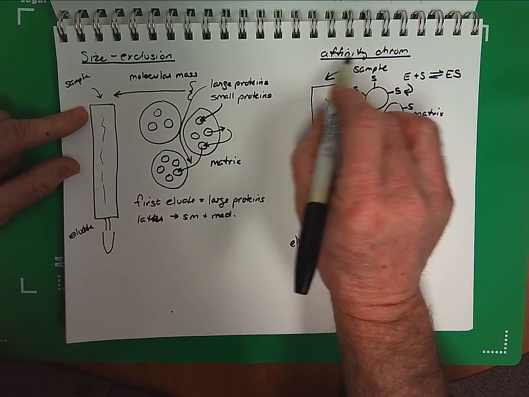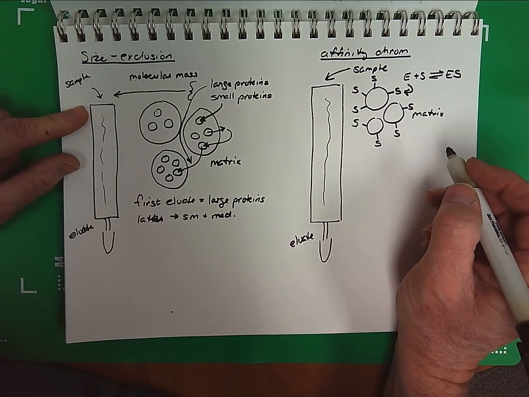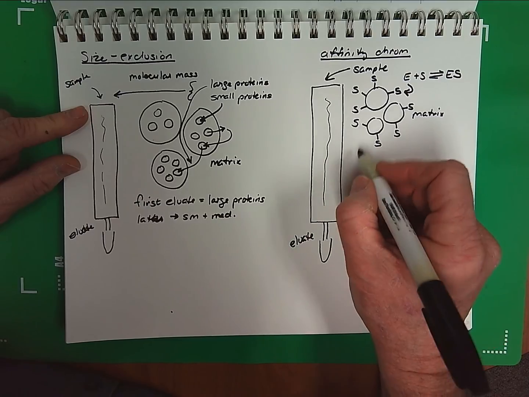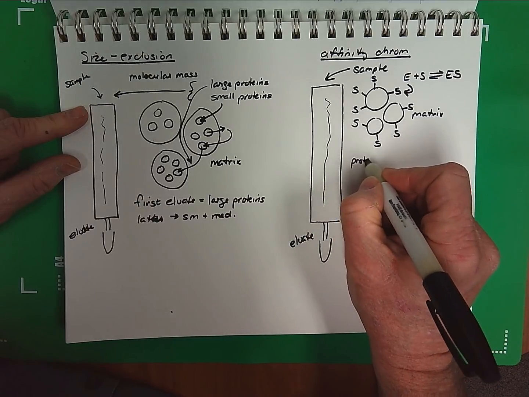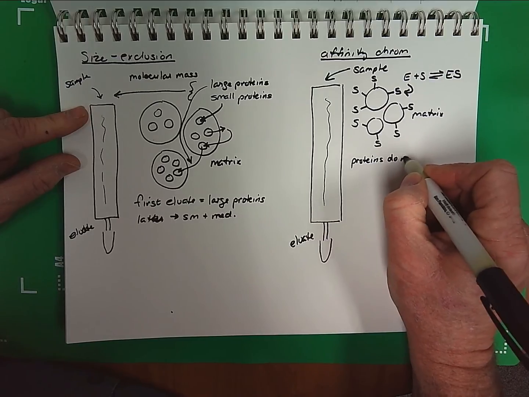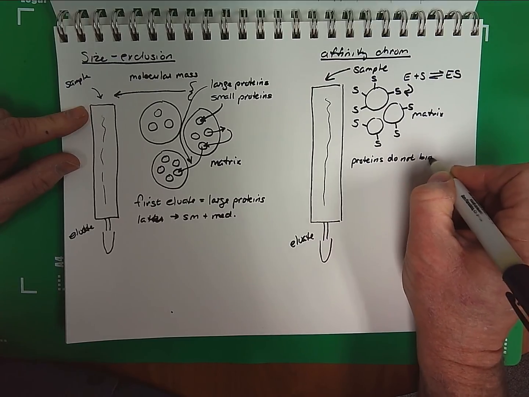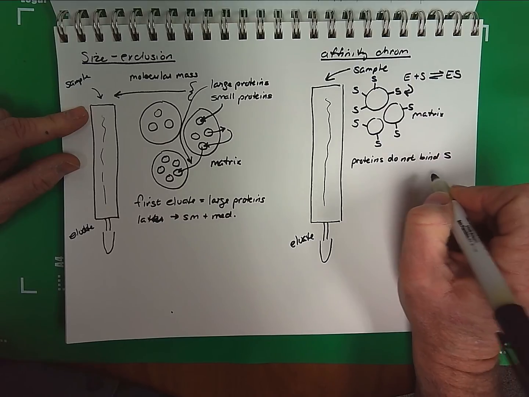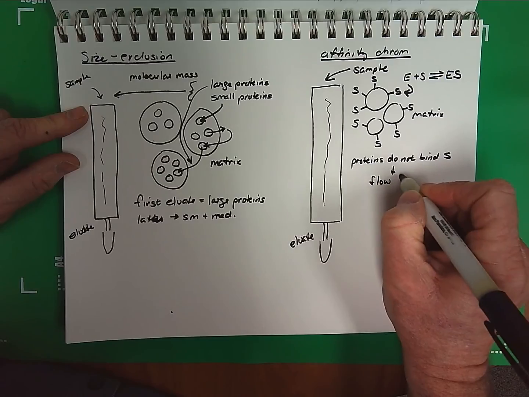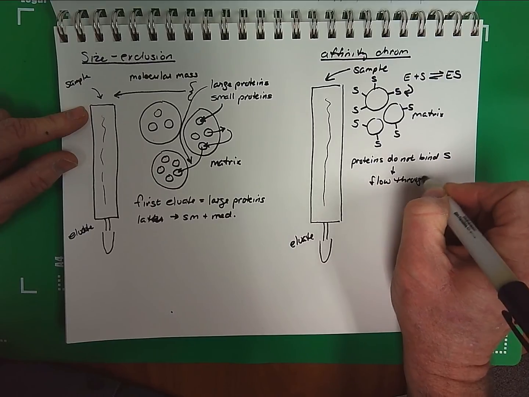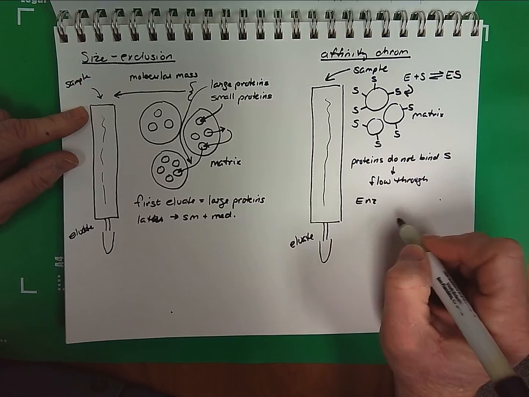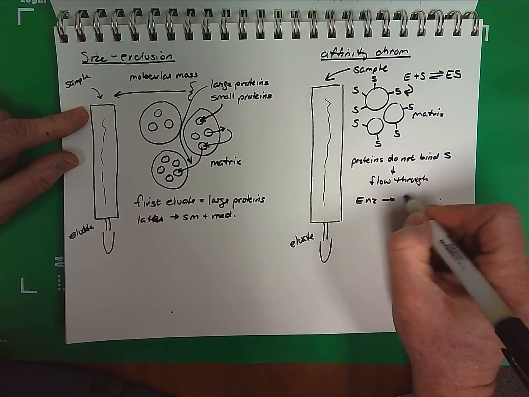And this is where the name affinity chromatography comes from. So proteins that do not bind, do not recognize the substrate, will flow through. Enzyme that recognizes the substrate will bind.